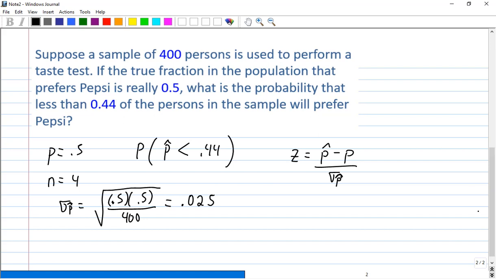All right. So z equals, that's going to be 0.44 minus 0.5 over 0.025.